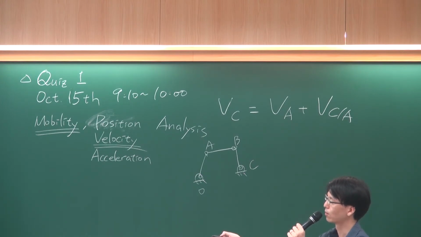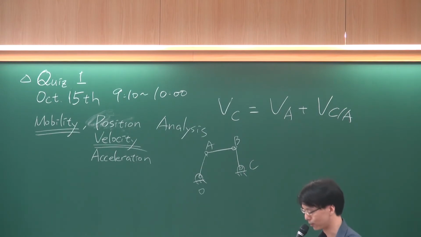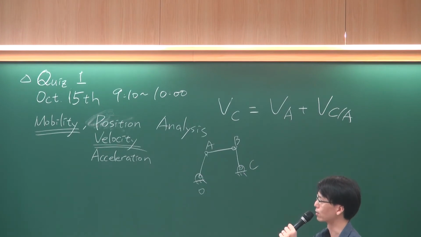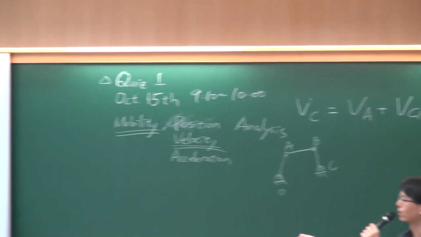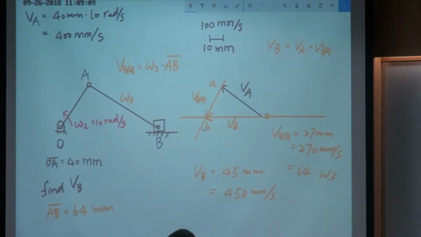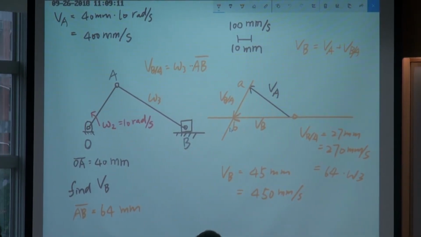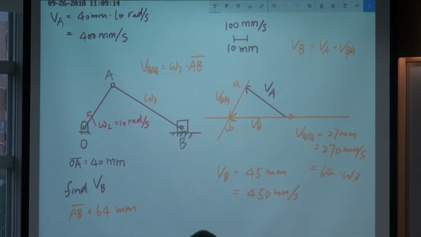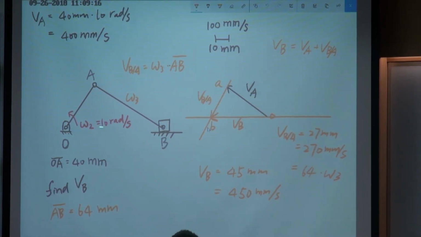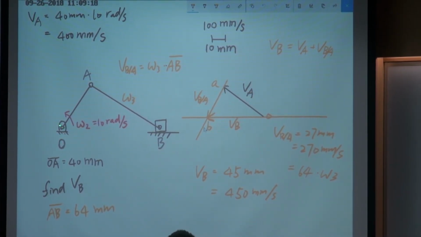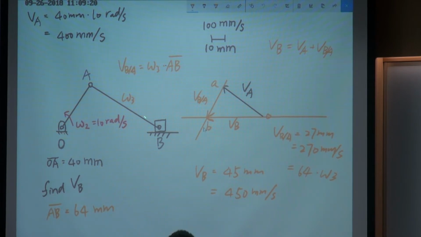We probably don't feel anything bad for now, but when we do the acceleration analysis, you will see the difference with this one, OB. The length of OB is going to change when this mechanism is running. So when you take the time derivative of OB, the value is going to change.